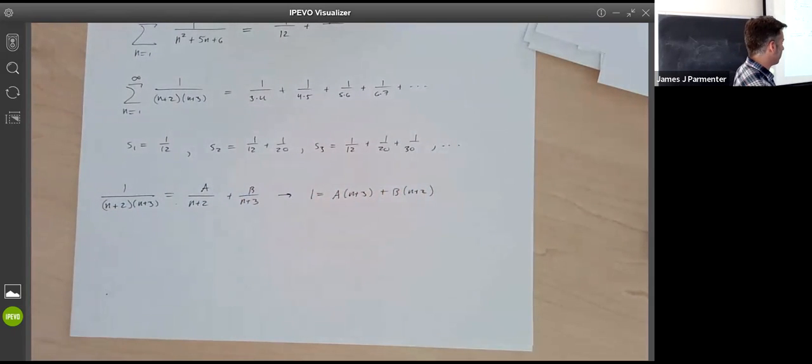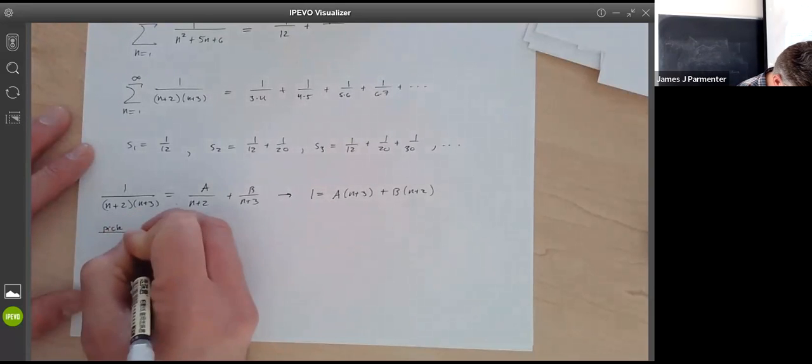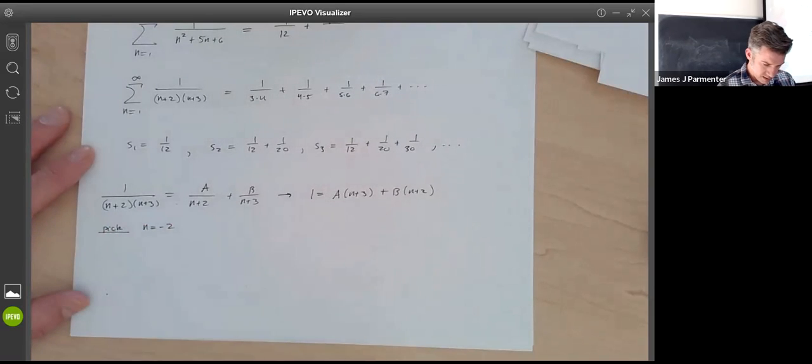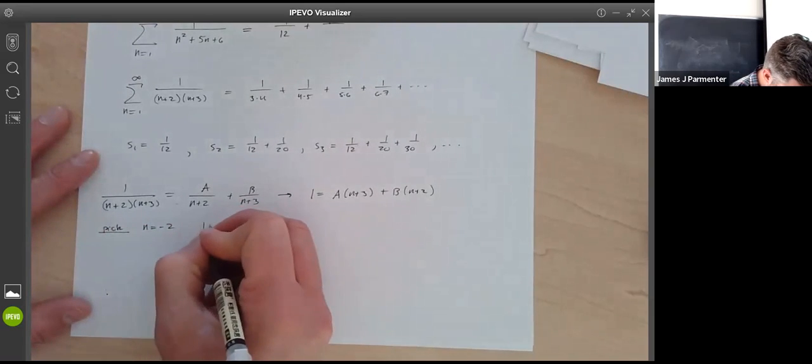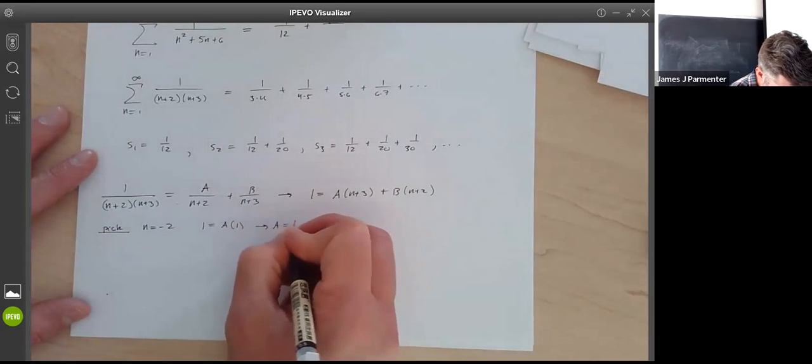There's a number of ways for solving for A and B, but the easiest way is what I call picking convenient values of your variable. So we're going to pick n equal to -2 and get 1 equal to A times 1. Great. A equals 1.